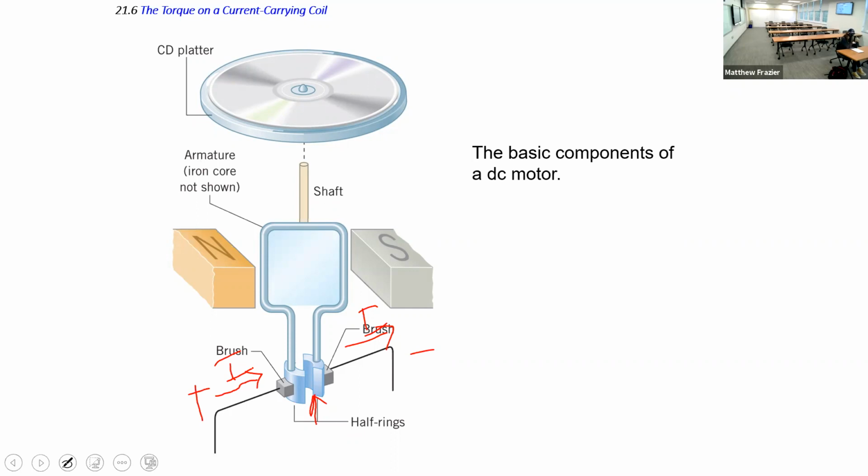You have some switching going on to cause it to switch as the coil rotates. So there are other forms of motors, but the simplest way is you have brushes and you make it turn off and then turn on in the other direction through the rotating coil. So it's a trick to make the torque always be in the same direction.